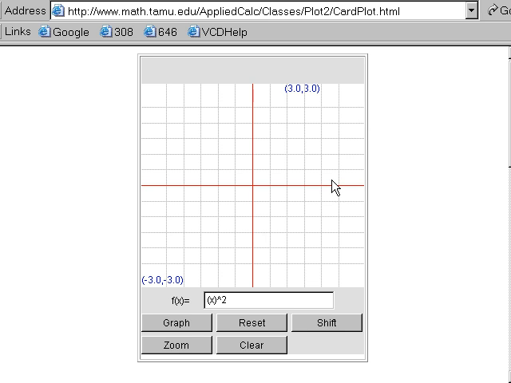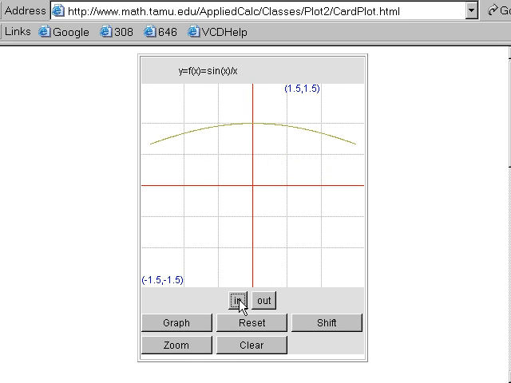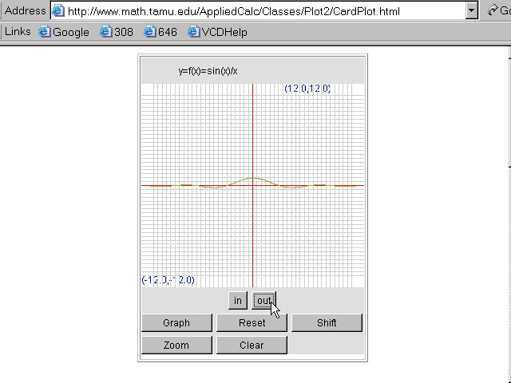For example, you can investigate functions like sine x over x. If you graph this function, and let's change the range here, zoom out, so we can investigate this function.